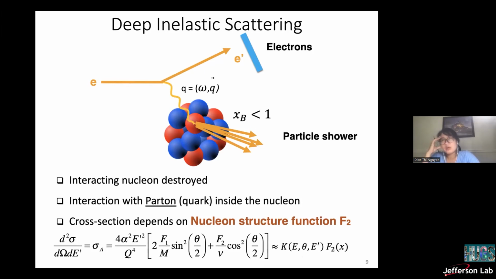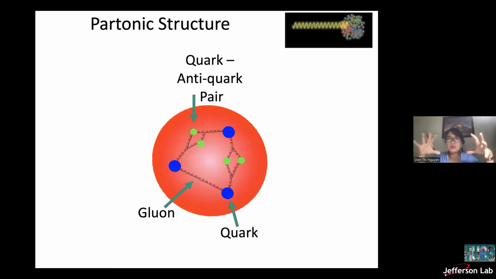We can start from a very simple picture of what F2 can tell us about the structure of the nucleon. Inside the nucleon, quarks and gluons are bound together, which is really complicated. It's not purely three quarks combined with gluons; there are also quark-antiquark pairs, creating for example a charm quark inside.